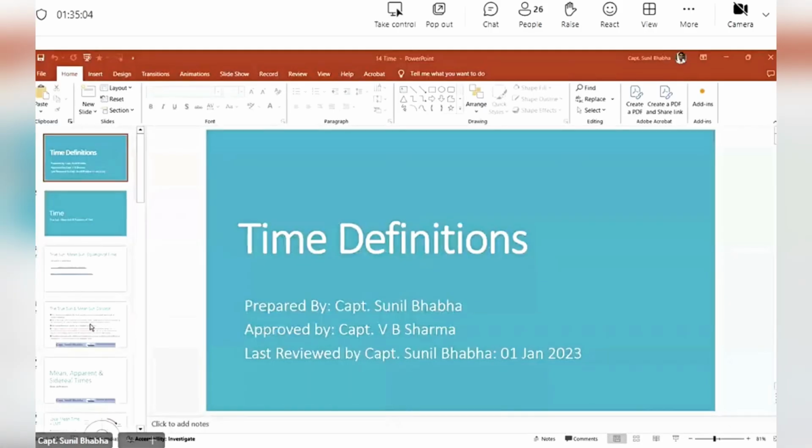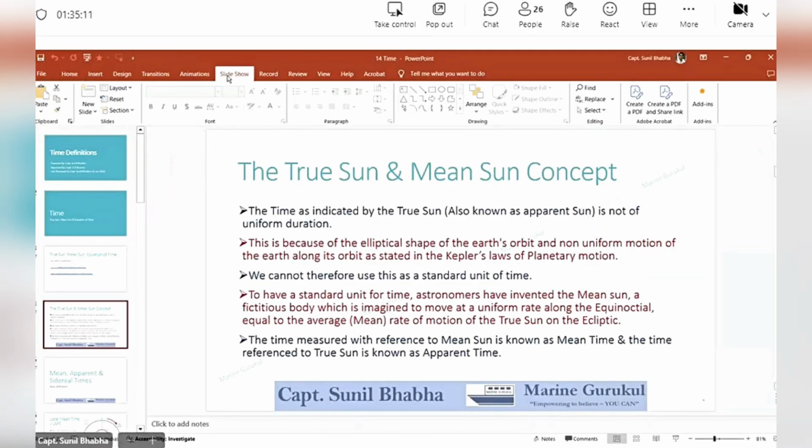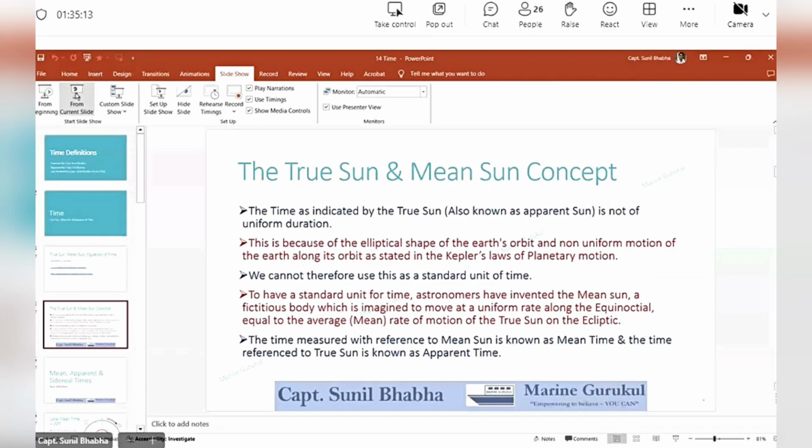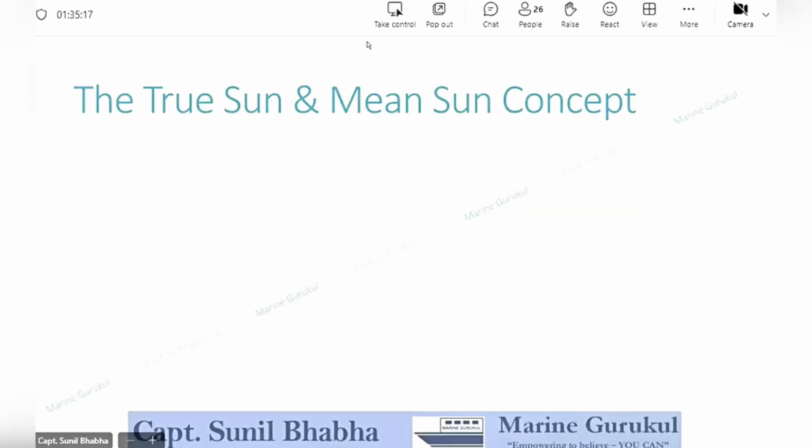Understand what is the true sun, the mean sun, what are the different times, and then what is equation of time. Let's go. In this presentation, we are going to learn some of the concepts related to time in navigation.